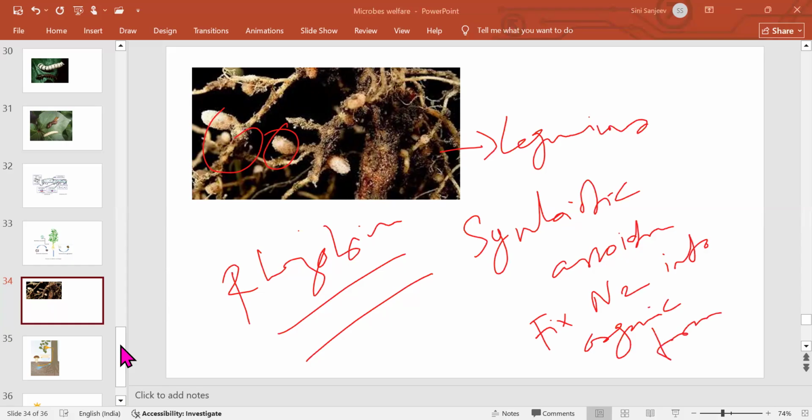Not only rhizobium, but we have other such bacteria too, such as azospirillum and acetobacter. These perform the basic function of symbiosis.